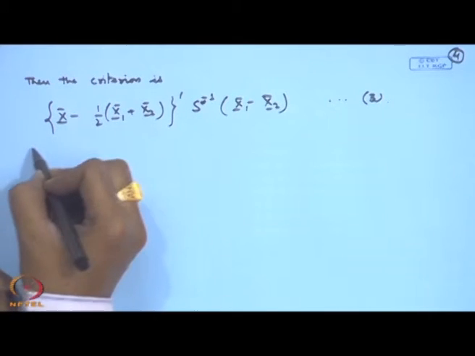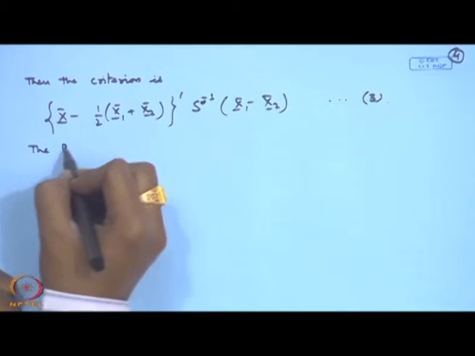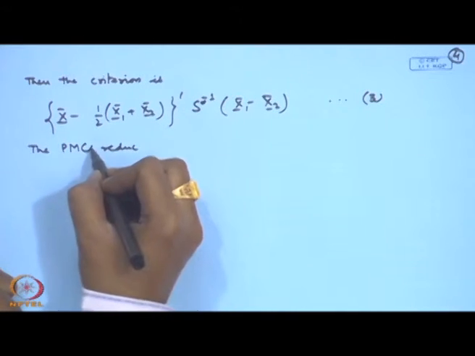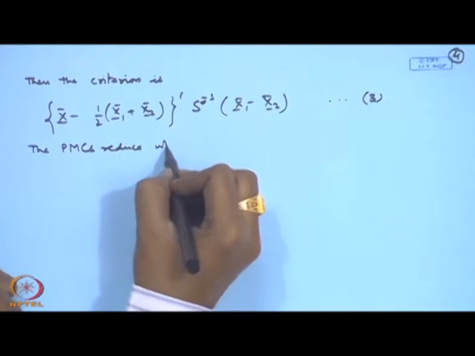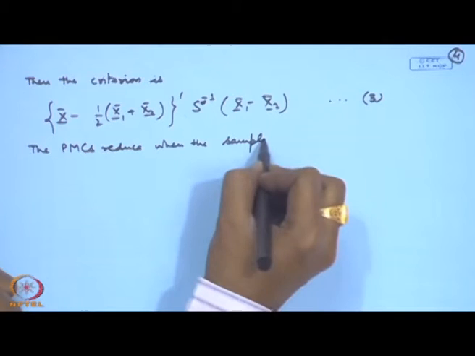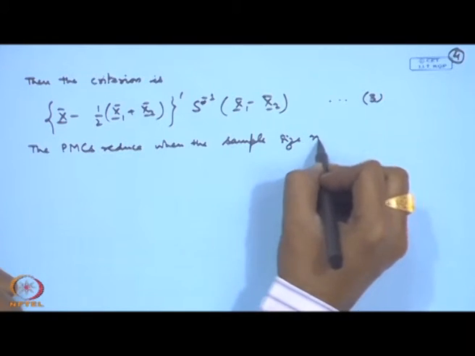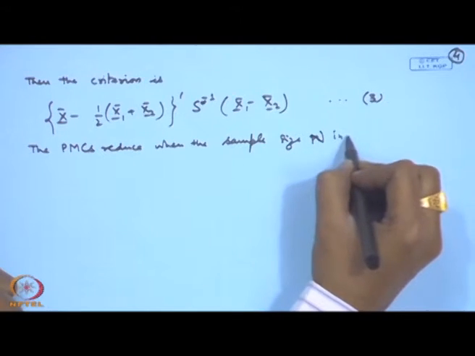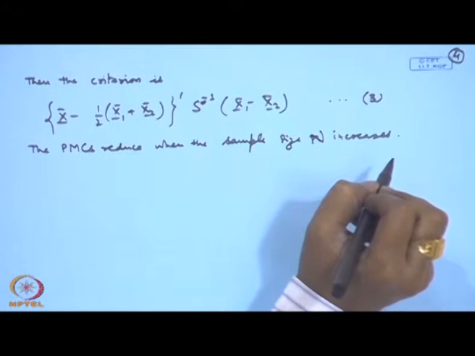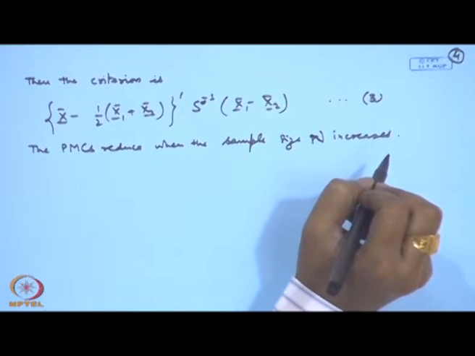General comment is that the probability of misclassification reduces when the sample size increases. Because the behavior of x bar will be approaching more towards the true mean.